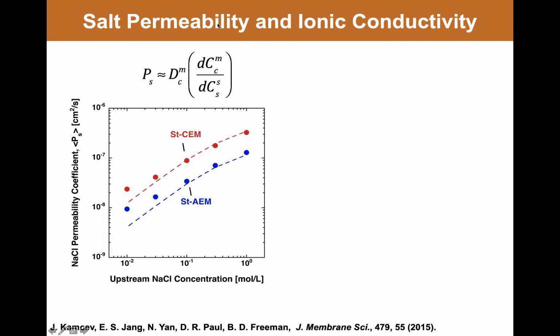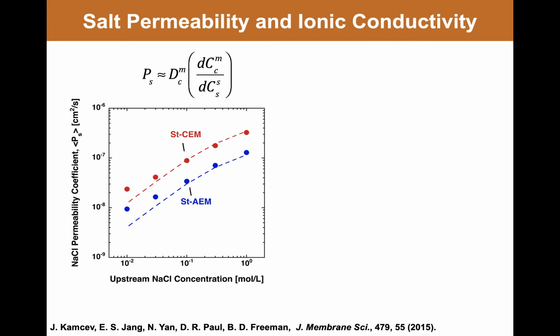Now, this ion sorption value we can predict using the Manning model, and for that we need only the water uptake of the membrane and the polymer chemistry to make an estimate of the distance between fixed charge groups, no other variables. For the diffusion coefficient, we need only the volume fraction of water in the membrane to calculate the volume fraction of polymer.